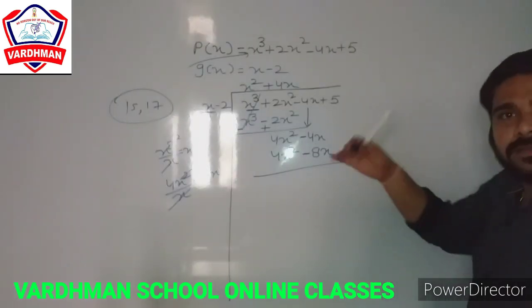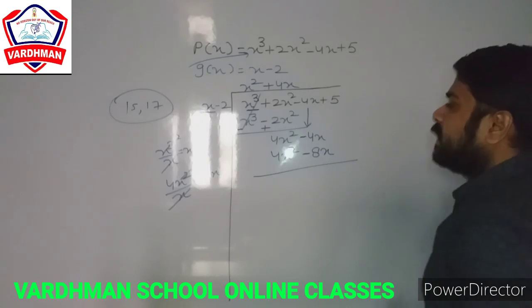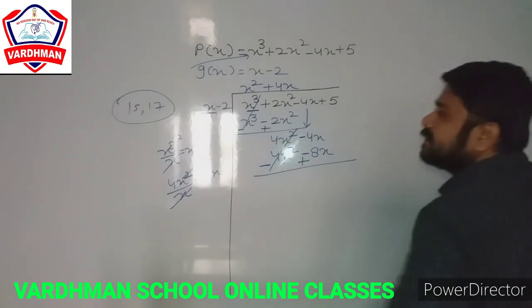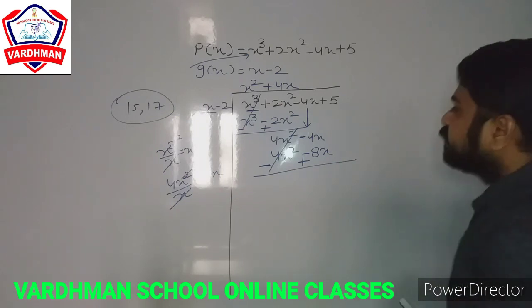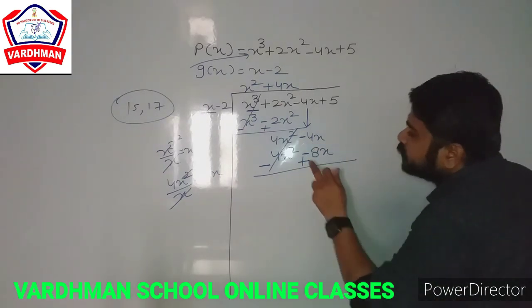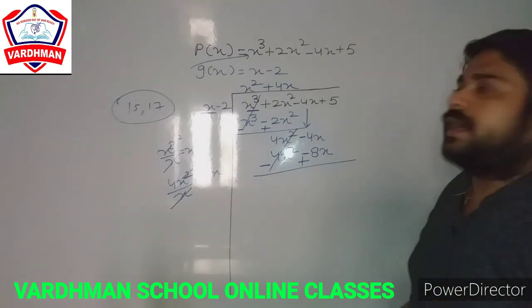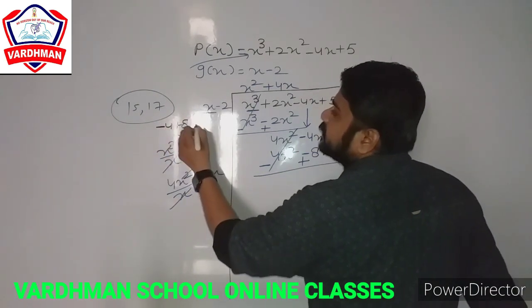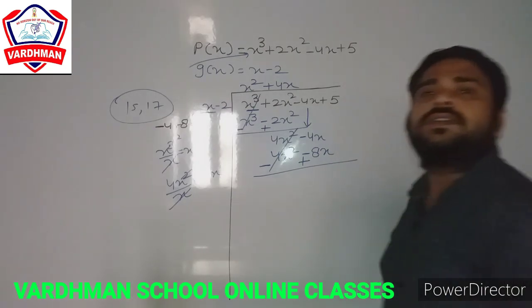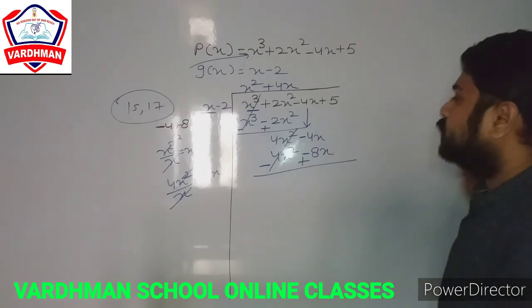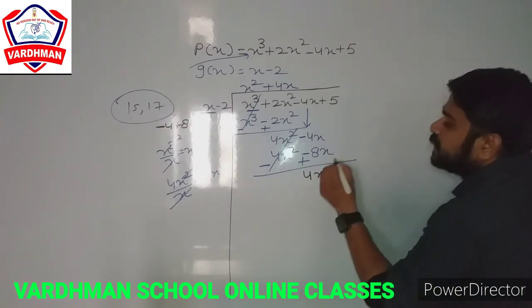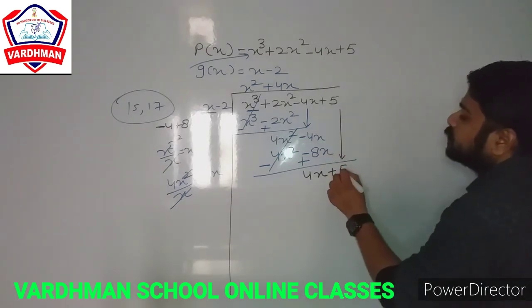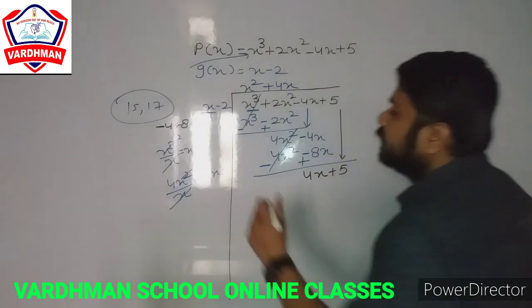Again same process, plus to minus, minus to plus; these cancel, same term. Here minus 4 and plus 8, that is 4x, and 5 comes down.